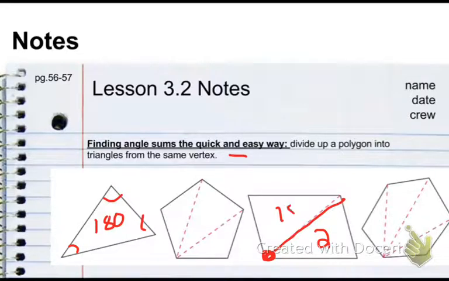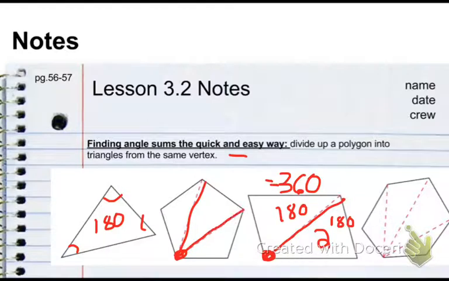And since there are 180 degrees in each of them, they will add up to 360. And if I do the same trick with this pentagon, find one vertex, 1, 2, 3, and 3 times 180 gives me 540, and so on.